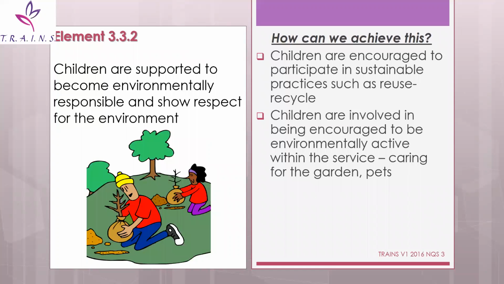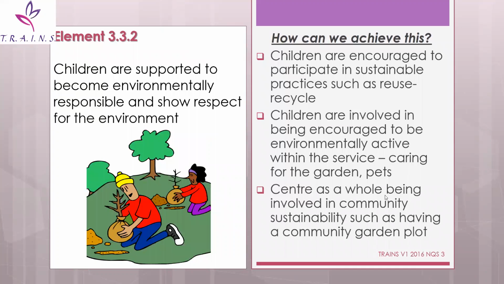It helps develop that sense of social responsibility and social responsiveness. At the centre as a whole, being involved in community sustainability, such as having a community garden plot. How lovely would that be, to take the older children on an excursion to a community garden.